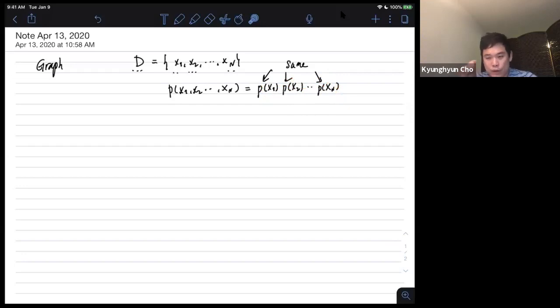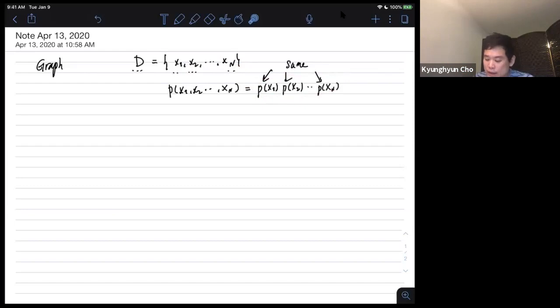But one thing that we assumed, if you remember from Bayesian linear regression and even from the very first lecture, is that all these input vectors are sampled from the same distribution. So in the context we talked about, they are all the same.